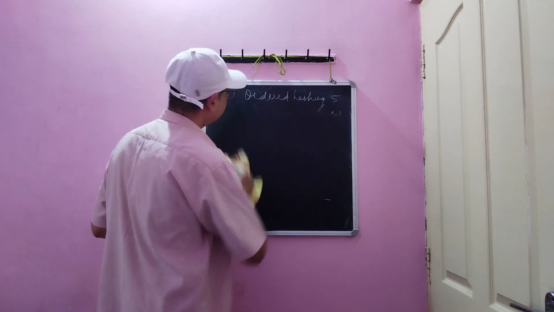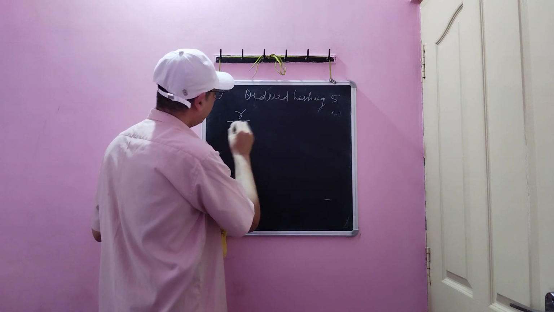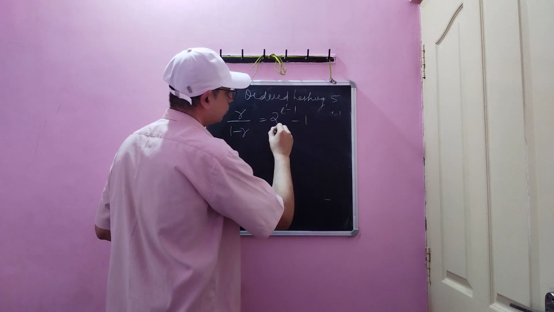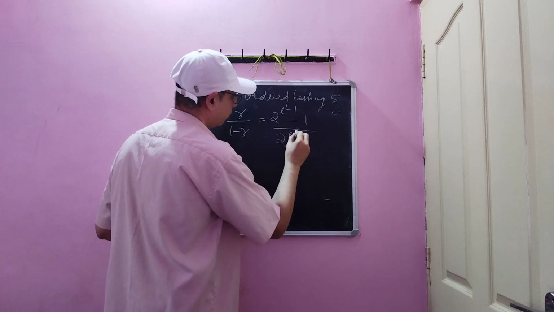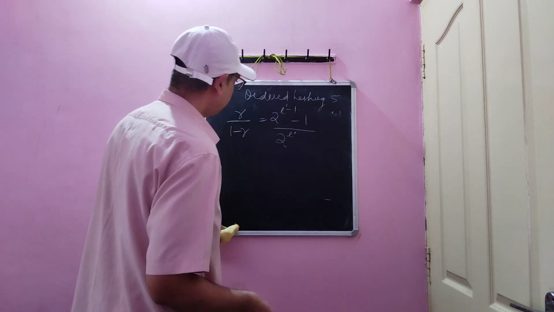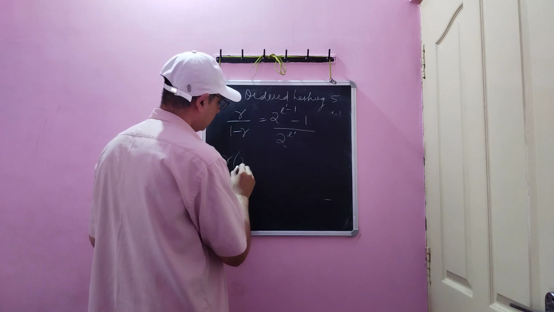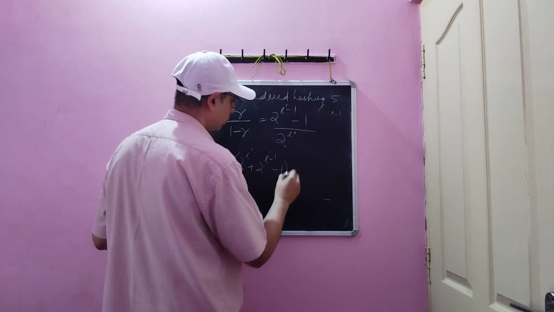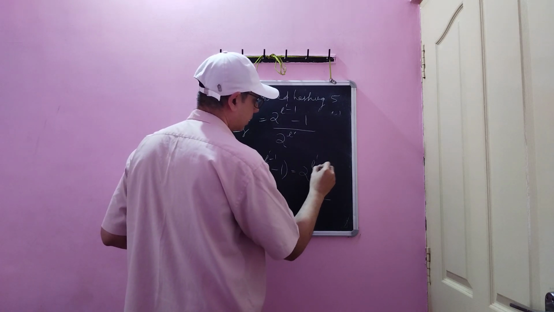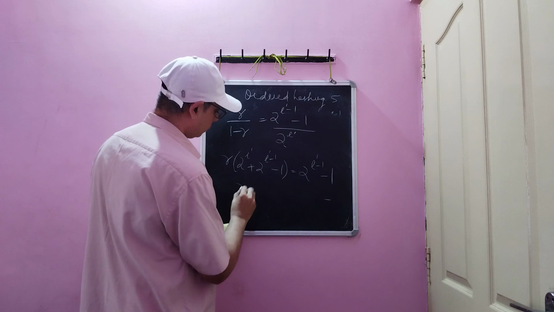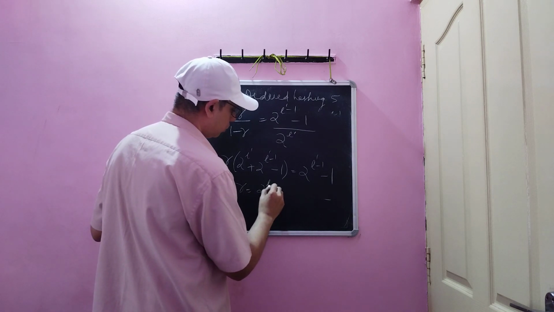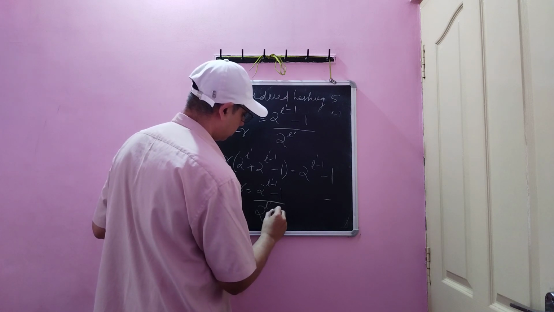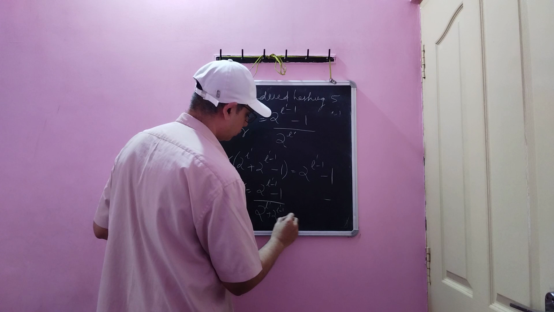So in other words, rewriting it again, we will have r by 1 minus r equal to 2 power L dash minus 1 by 2 power L dash. So r times 2 power L dash plus 2 power L dash minus 1 is equal to 2 power L dash minus 1, which gives us r is equal to 2 power L dash minus 1 by 2 power L dash plus 2 power L dash minus 1.